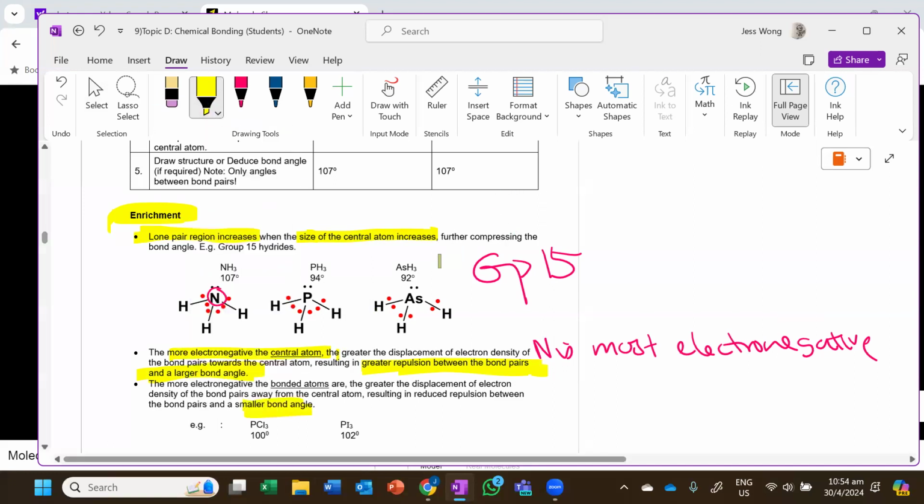So we can see that sometimes when you have a central atom that is more electronegative and draws electrons to itself, it actually intensifies the electron repulsion here. And as a result, the angle will become bigger because these bond pairs are all repelling very strongly, and so the angles are bigger now.